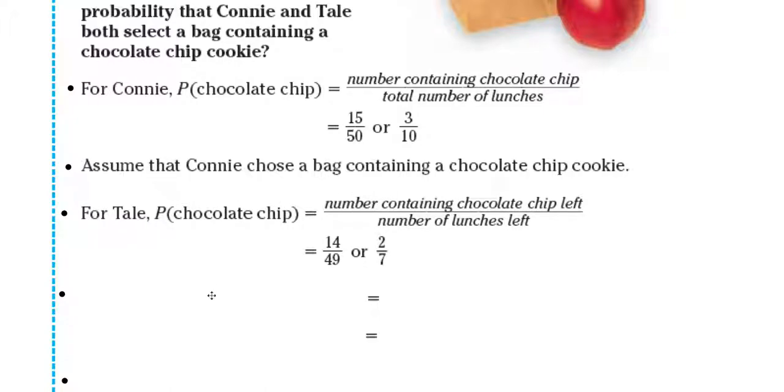And from there, we combine what Connie got and Dale got.